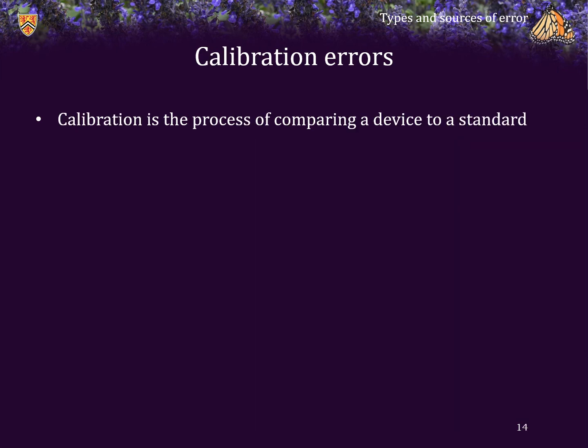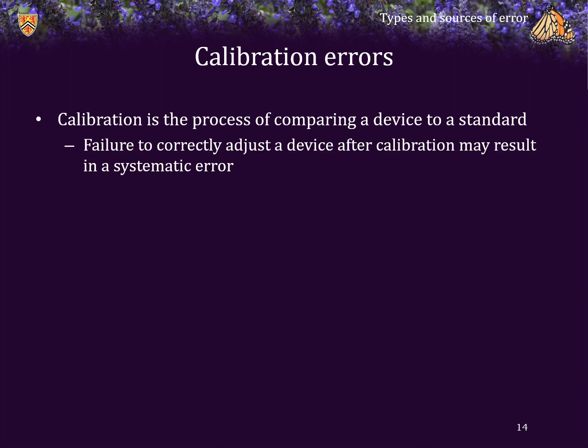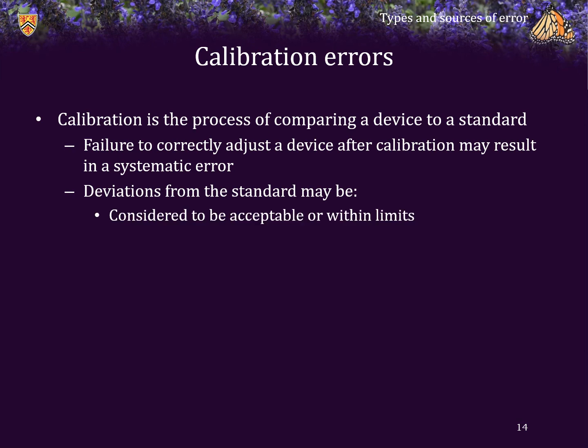Another source of error are calibration errors. Calibration is a process of comparing a device to a standard. Now, failure to correctly adjust the device after calibration may or will, of course, result in a systematic error. Deviations from the standard may be considered to be acceptable or within limits.